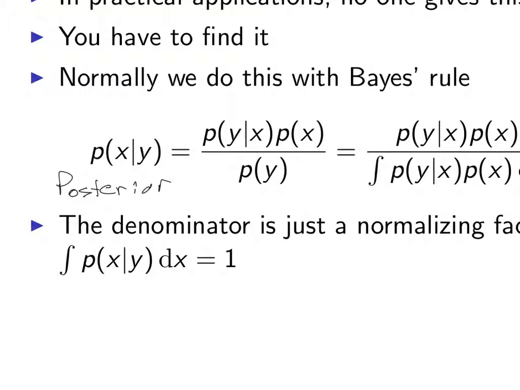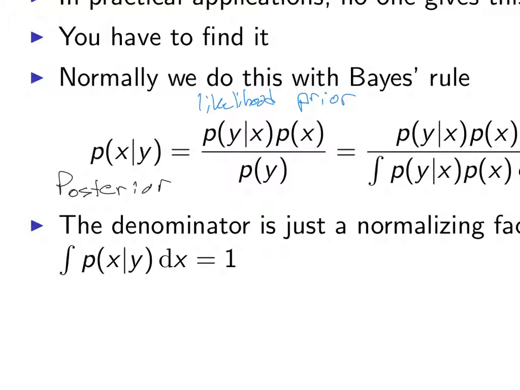The posterior can be written as a product of what we saw earlier is called the likelihood, times this marginal probability. And this marginal probability will consistently be called the prior. This represents the prior knowledge that we have.